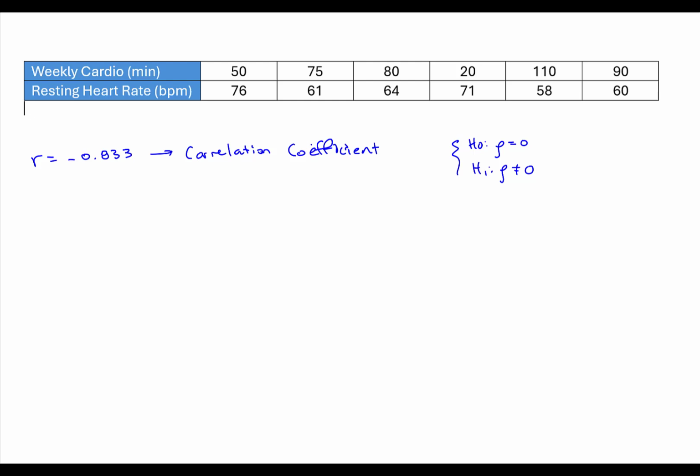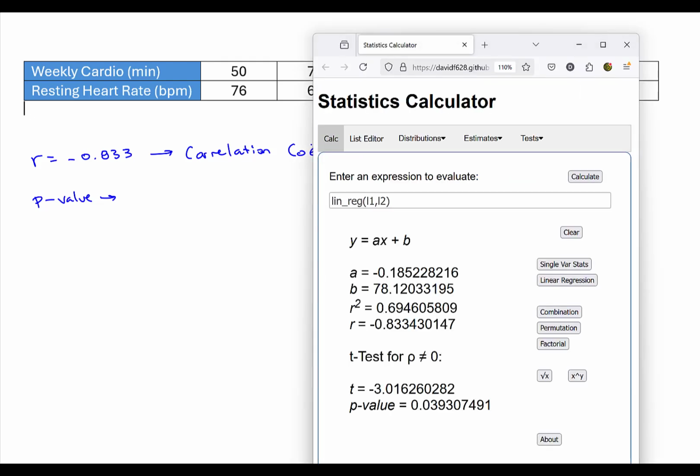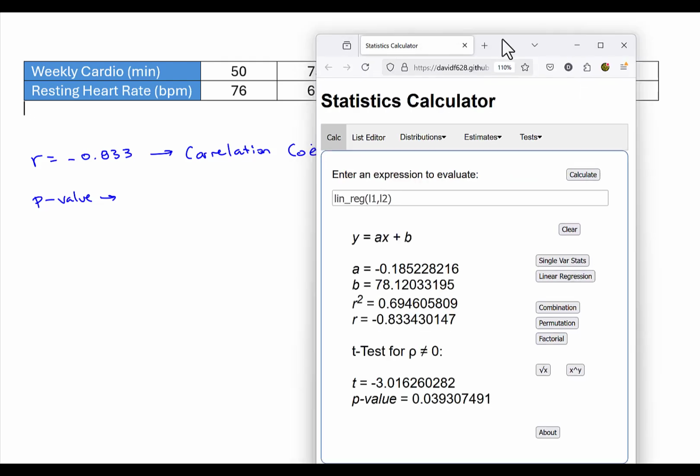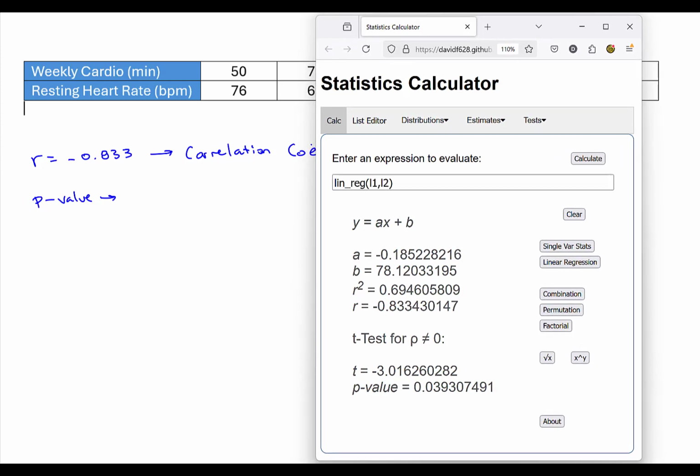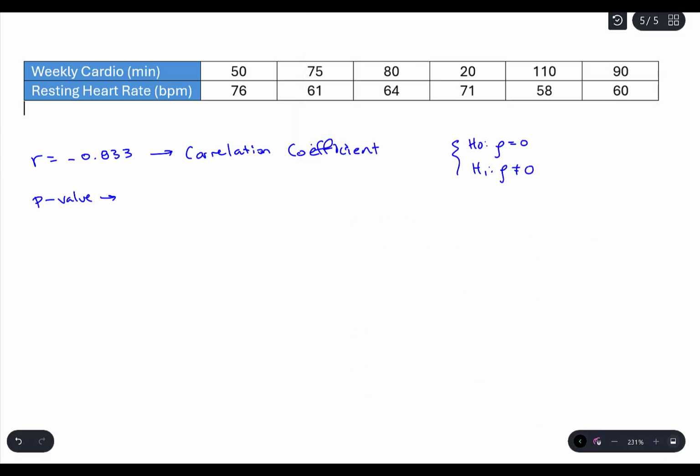All right, so with R here, our sample correlation coefficient, we're not really certain. But we can calculate a p-value, which the calculator does for us. So the p-value in this particular case is listed as 0.039. So 0.039, that's the p-value. And we do with it just like in any hypothesis test.